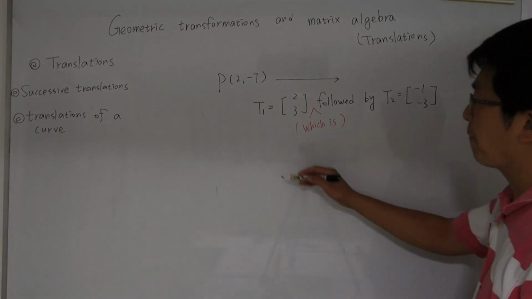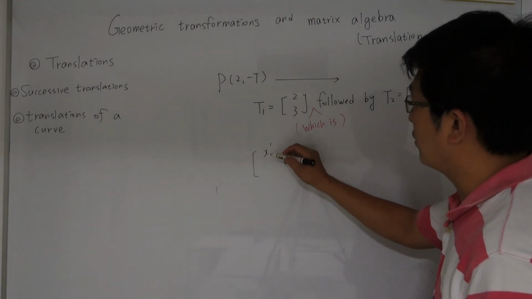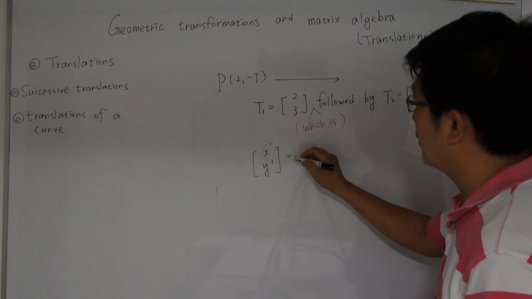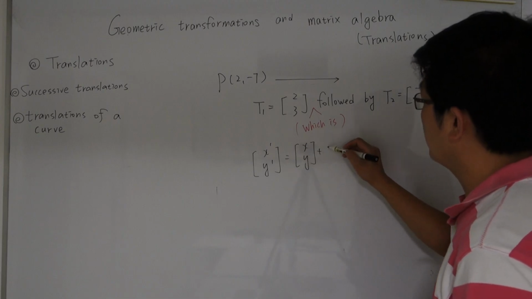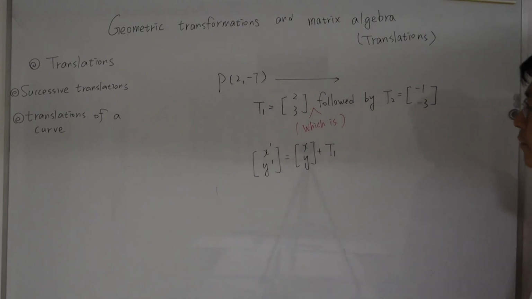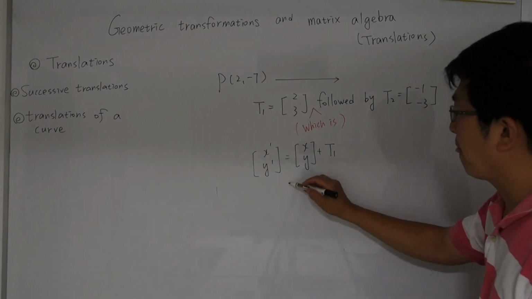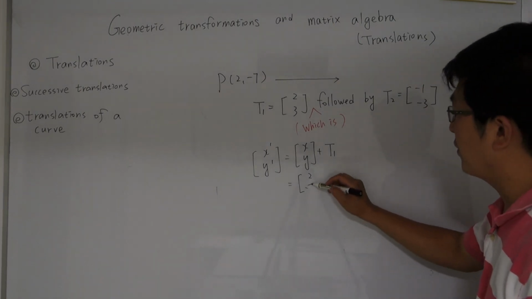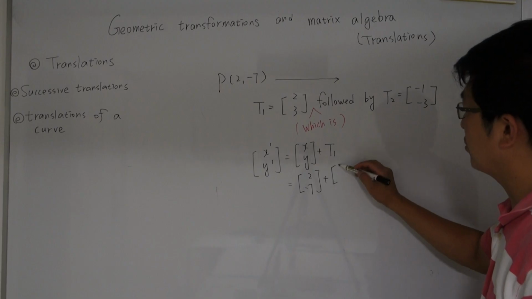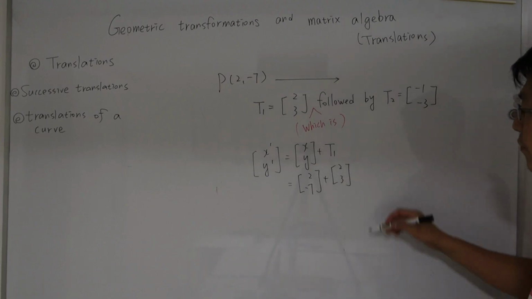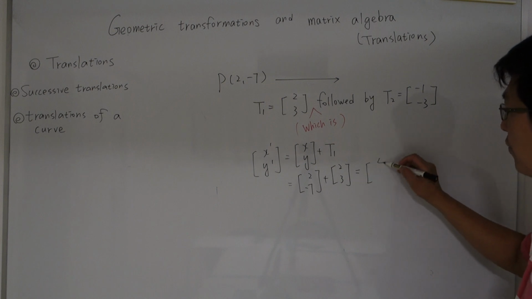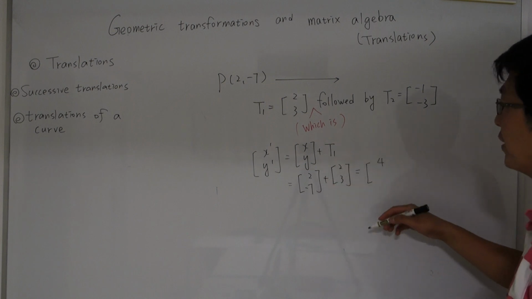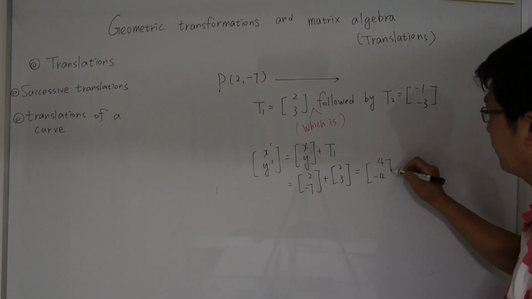So the new point equals the original plus T1 first. We do T1 first, alright? So we get (2, -7) plus (2, 3), so we get (4, -4), right?